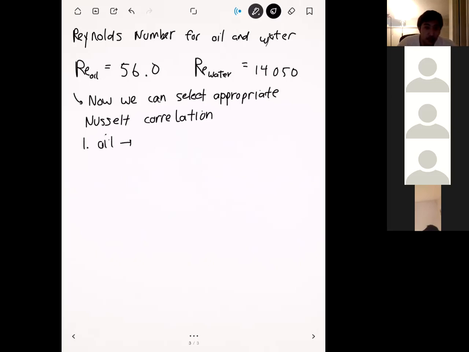Since oil is in the outer tube for this heat exchanger, we know that the flow geometry for this is flow in an annulus. And since the Reynolds number was so low, we have laminar flow. The way that we're going to obtain the Nusselt number is from that table that I showed you on the previous page.